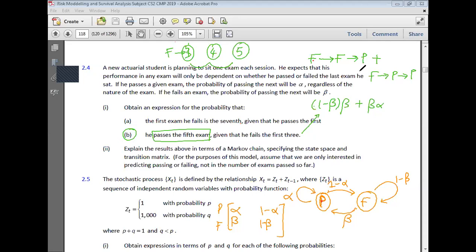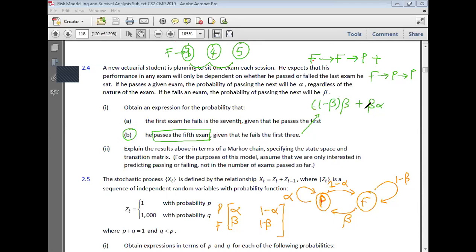Why do you think it will be beta? So again, it could be 1 minus beta or beta, right? Depending on whether you assume he's passing the 4th exam or he is failing the 4th exam. So if he fails, it's 1 minus beta. And if he passes, that's going to be beta. Right? So right now, do we have to only consider what happens from 4th to 5th and then 5th and ahead?